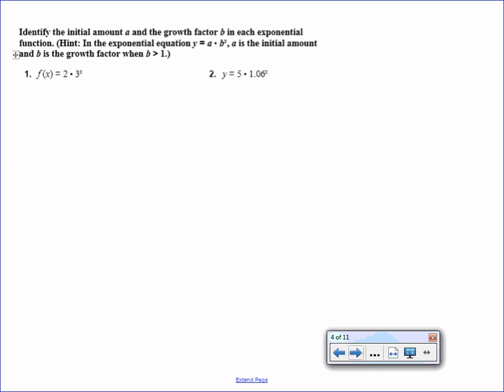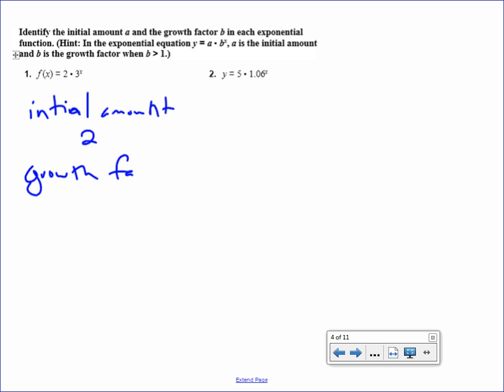Next type of question: you might see questions like this. Identify the initial amount and the growth factor. The initial amount in the first one here would be 2. The growth factor would be 3.